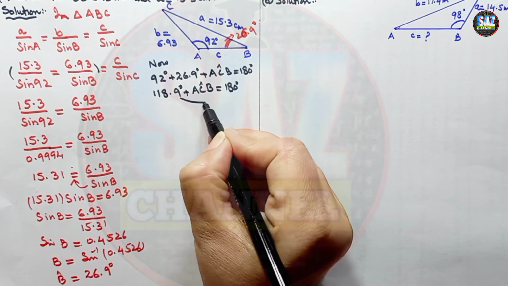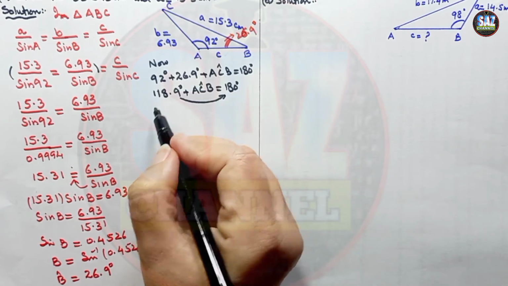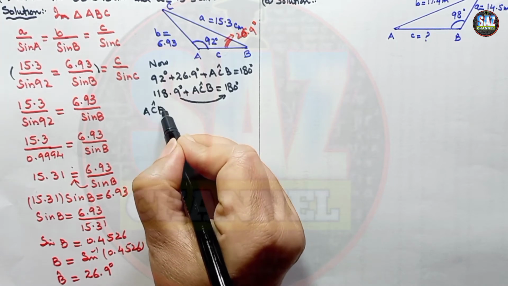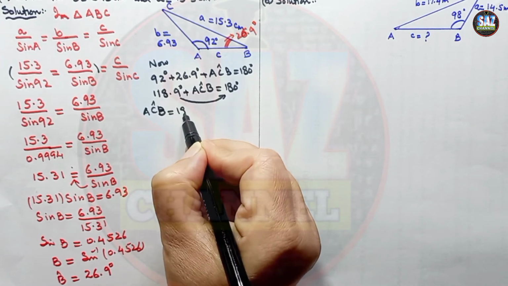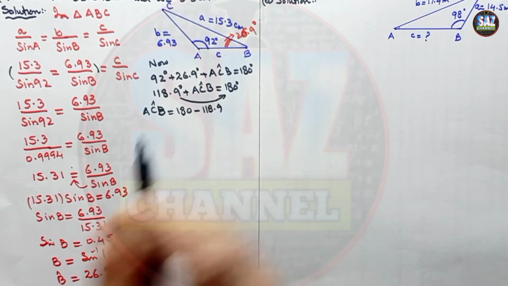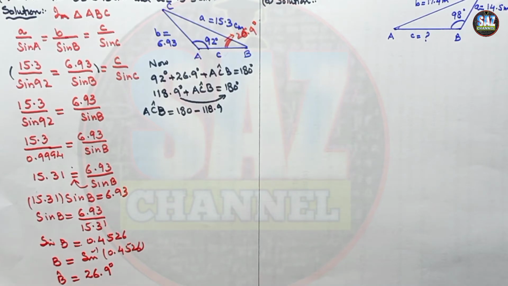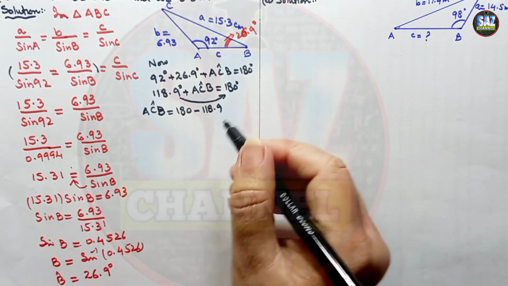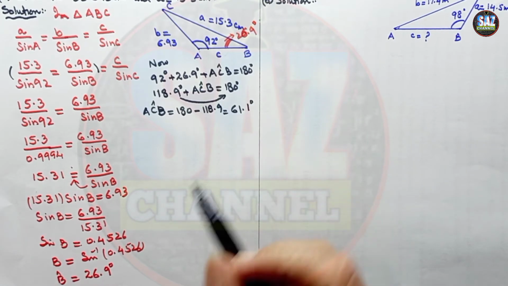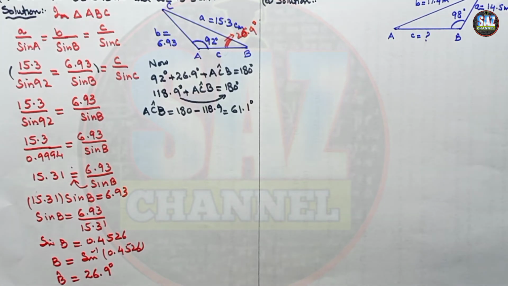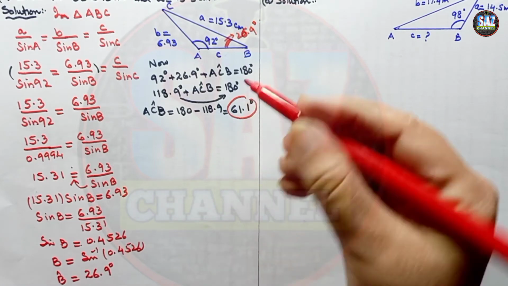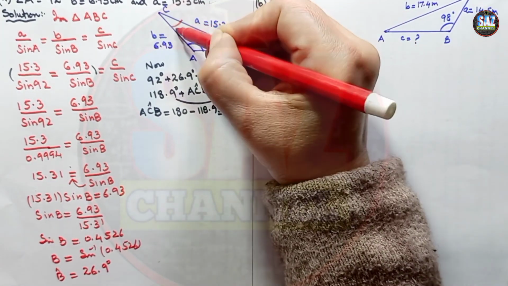Shifting 118.9 to the other side, angle ACB equals 180 minus 118.9, which leaves 61.1 degrees. Let me circle this answer so that my students can see it easily: 61.1.